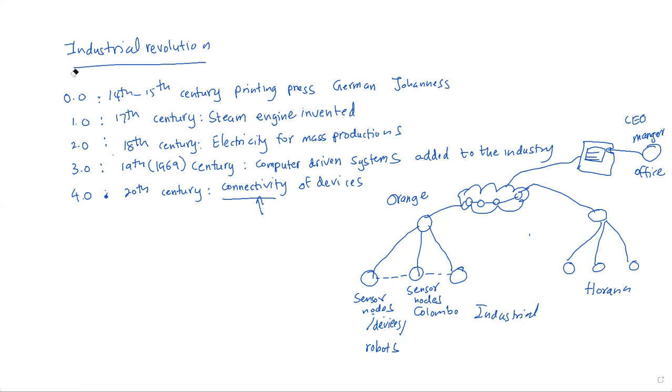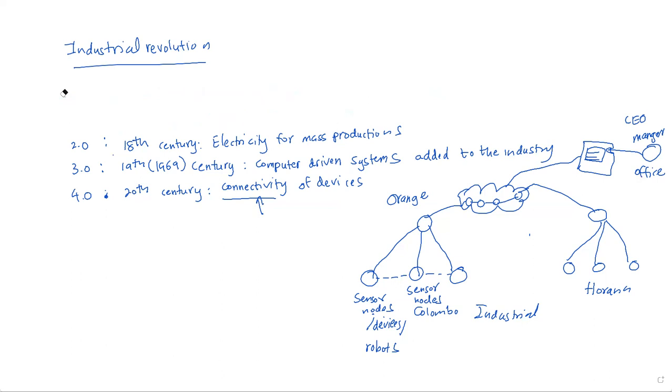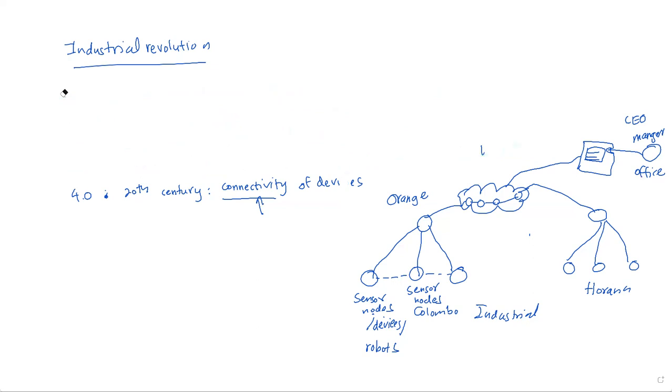So Industry 4.0 is the latest industrial revolution that has occurred in the world, and Industry 4.0 is focusing on improving the connectivity between devices. And for this, we need to implement the industrial IoT networks.